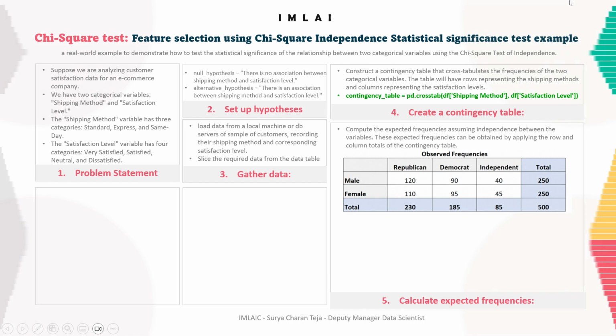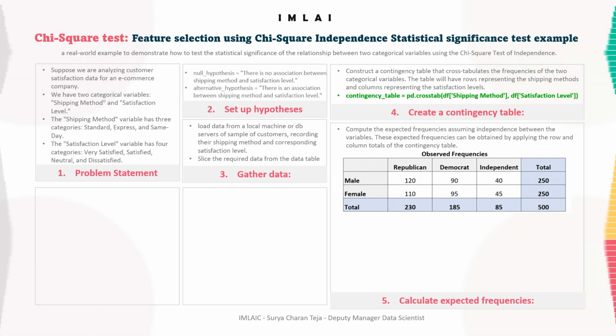The intersection of male Republican is 120, male Democrat is 90, and male Independent is 40. Total Republicans are 230, total Democrats 185, Independents 85, total male 250 and total female 250, and the total sample size is 500. That's our observed frequencies.